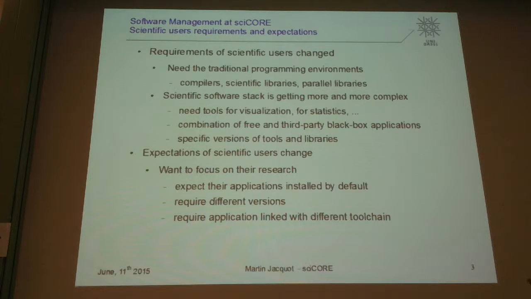Some software only works with the first one, some with the second one. It's sometimes a nightmare, so we should be able to use different toolchains. That has really changed in the last 5 years. The requirements and expectations of the users are bigger and huger than before.